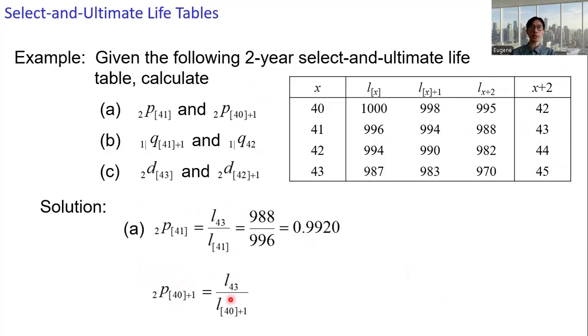This corresponds to the expression l_43 over l_[40]+1. l_43 is 988, and l_[40]+1, this column, is 998. And we get the probability 0.99.